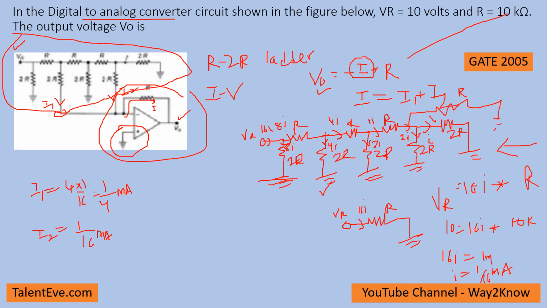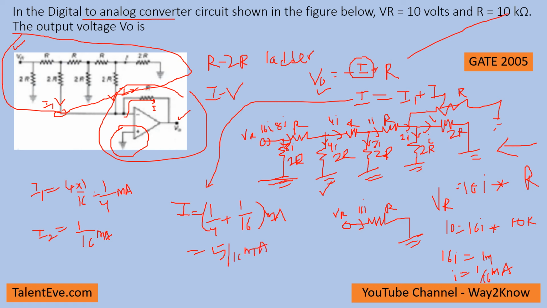As said, I is equal to I1 plus I2, which is 1 by 4 plus 1 by 16 milliamps, which is 5 by 16 milliamps.